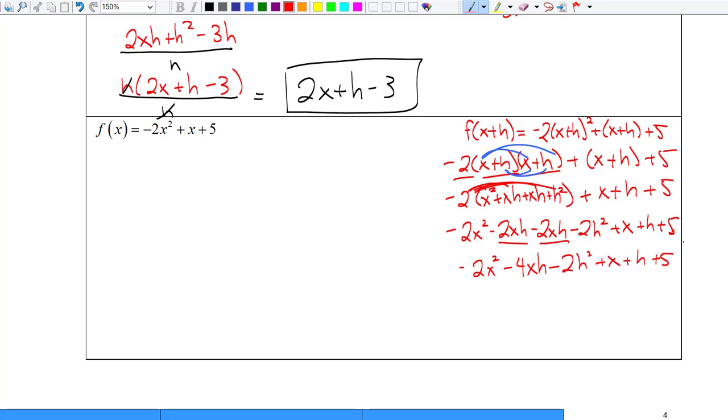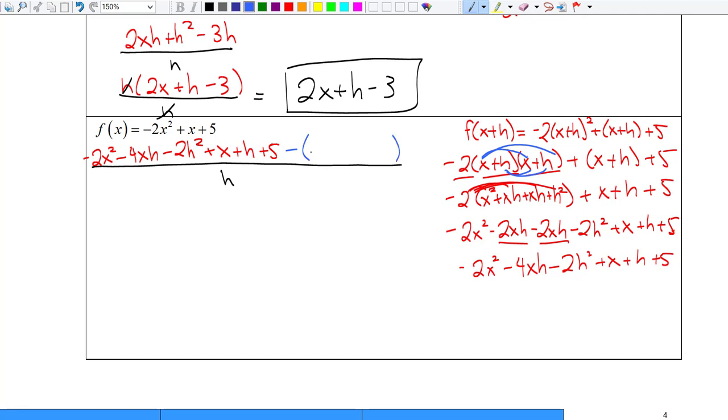All right, that was a lot of work. So now I'm going to go back to my difference quotient. And I have f of x plus h. That's all of those terms in red. That's a lot of terms, so go ahead and write them in. Take as much time as you need so that you're not missing a negative. Okay, then my difference quotient says minus f of x.